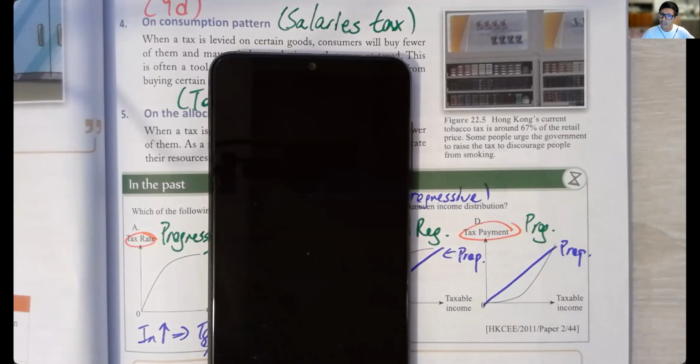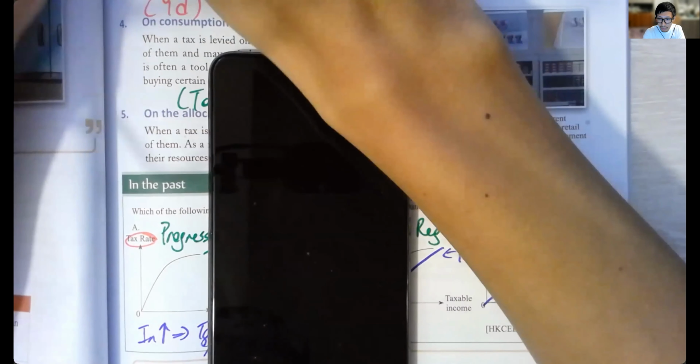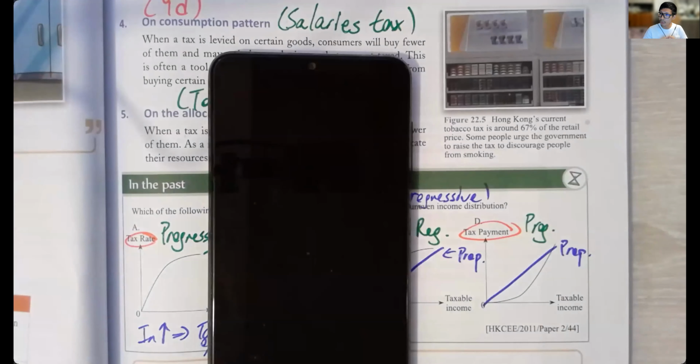Under the old system, after that point, those people don't need to pay tax. But under the new system they start to pay tax, so this part of people will reduce their working incentive. But look at the final part: the very rich people under the new system would actually be paying a lower tax rate.